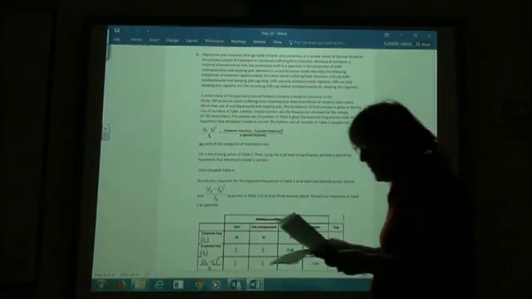Number 6. Same kind of thing here. Depression and insomnia often go hand in hand, and sometimes it is unclear which of the two should be the primary subject of treatment in an individual suffering from insomnia. Mendoza & Company, a national pharmaceutical firm, has positioned itself as a specialist in the production of both antidepressants and sleeping pills.